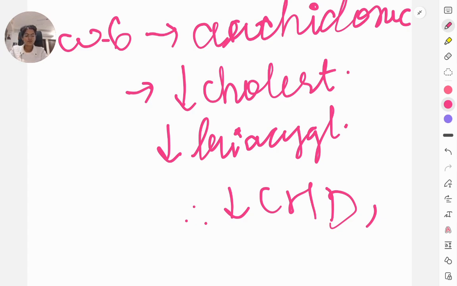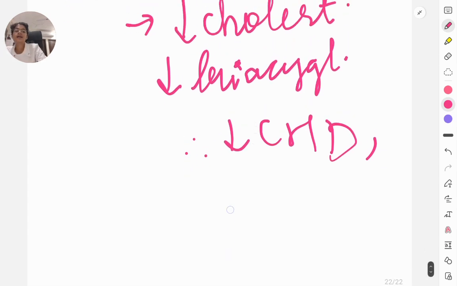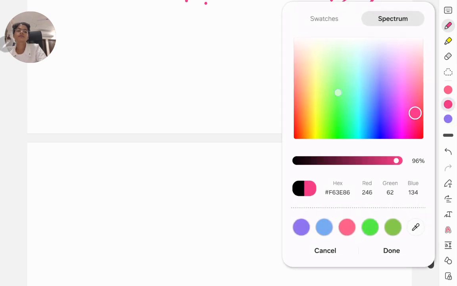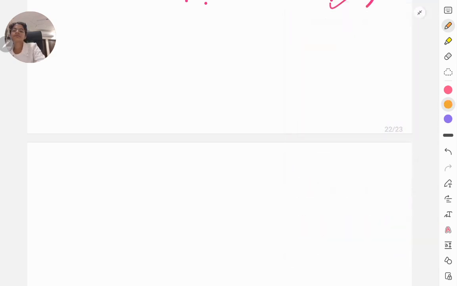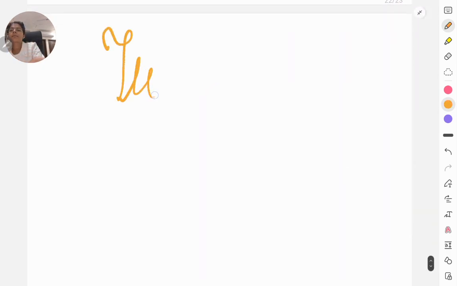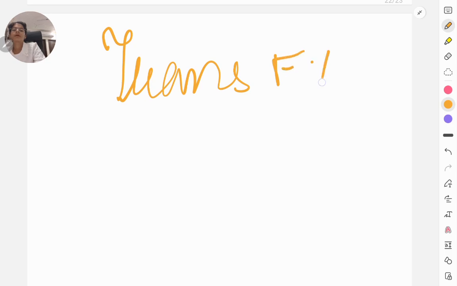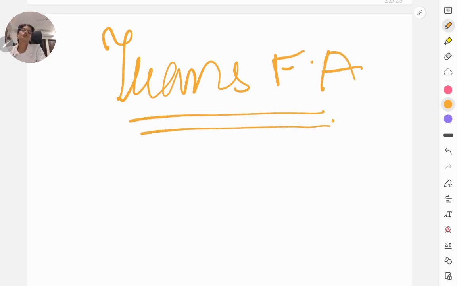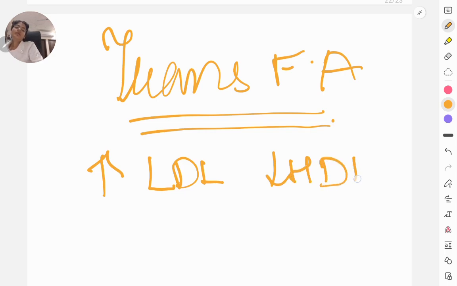Okay. Now there are trans fatty acids. Trans fatty acids are used to increase the shelf life, so that food doesn't get rotten early. It increases the LDL and decreases the HDL. Thereby, it is not good for health at all.